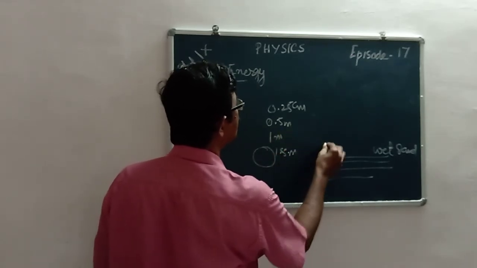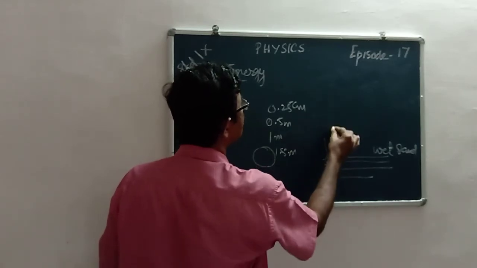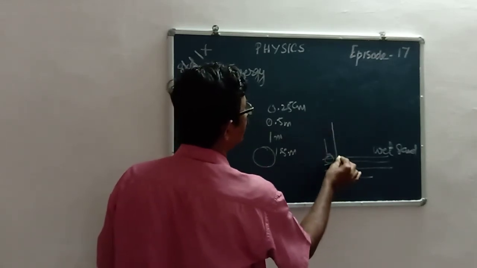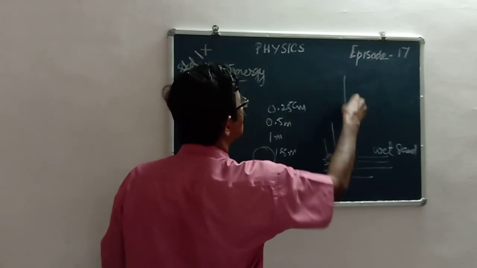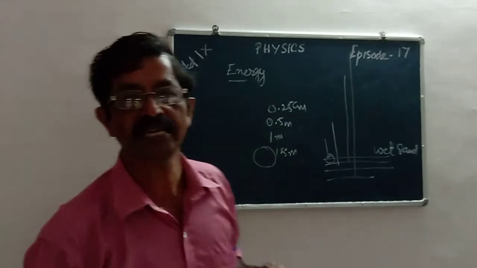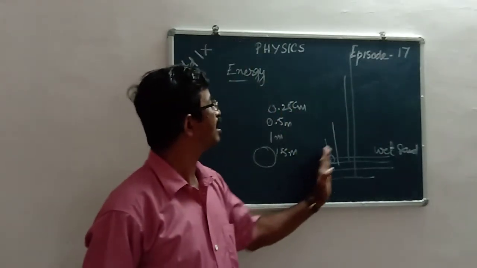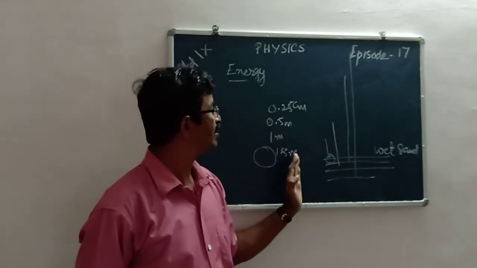That means at first from a smaller height and then a little bit more, then again more height. In this way, you drop that massive ball onto the wet sand bed.